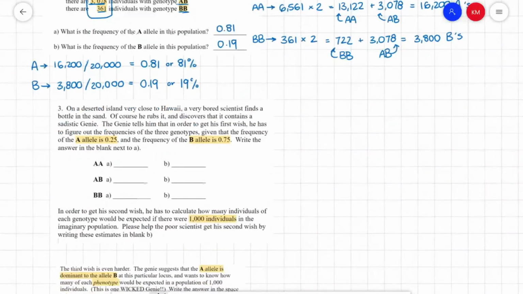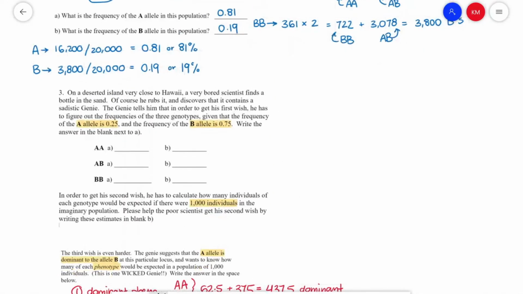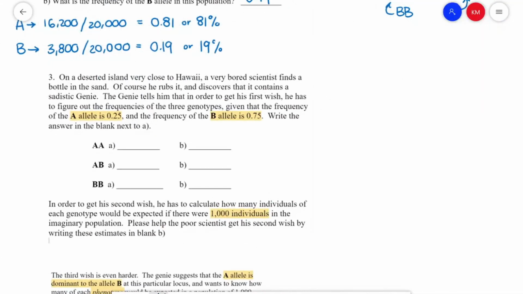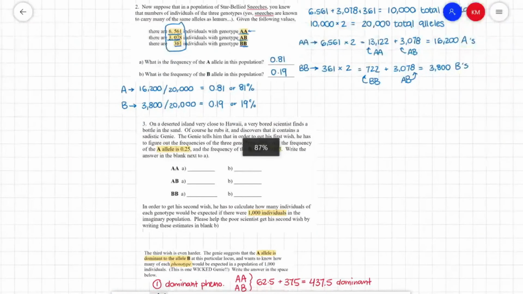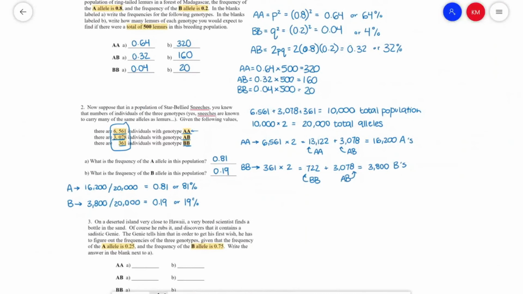It gives us our allele frequencies of A and B, asks us to find the frequency of the genotypes, and then in part B, it gives us a population number of 1,000, and we have to write the number of each genotype in part B. So I'm going to leave that one up to you guys. It's the same process, again, as you do in question 1. So if you need help with it, you can rewind and go look at what we did in part 1.